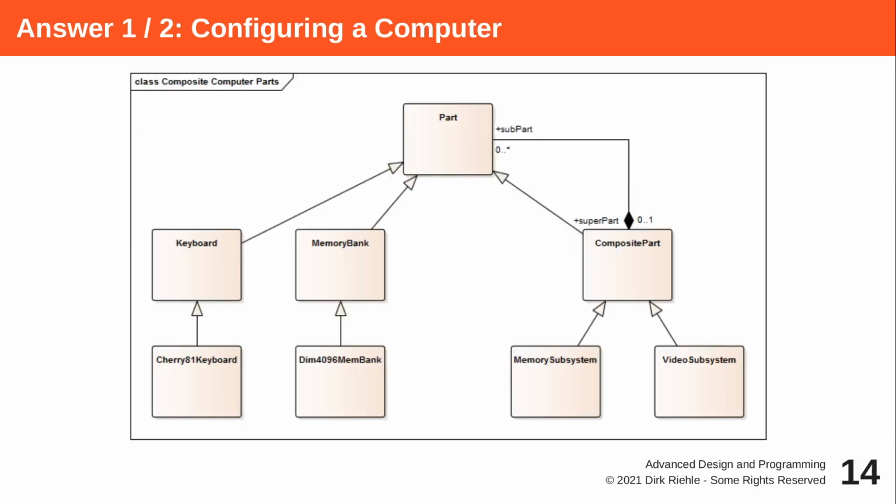Well, here is one way of doing it. You just have a lot of leaf classes, the atomic parts, even with specialization still. So there are keyboards, which could be specialized models. There are memory banks, which also have specialized models, maybe a bit getting older here. And of course, you have the composite parts, which are built from multiple components, and you could model the different subsystems as composite parts.